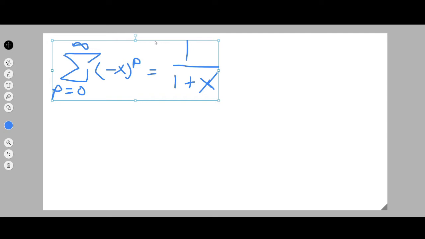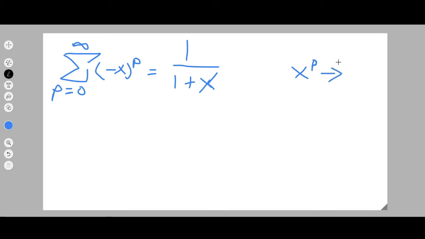Think about the possible ways that you can transform something like x to the p. What can you transform this into? Like what transformations can you put in place onto x to the p? Any function that transforms x to the p into something else.